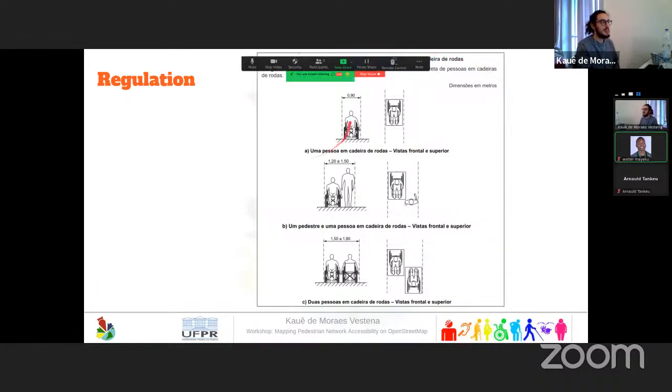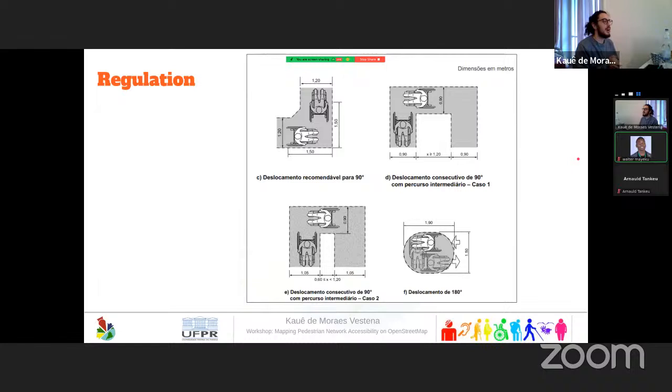So you need to have at least 90 centimeters for a person in a wheelchair to traverse a path. Okay. There's, for example, for doing turns, all the minimal measurements that you may need for it. So, for example, if you want to do it like this, you need also these specific measurements, okay?